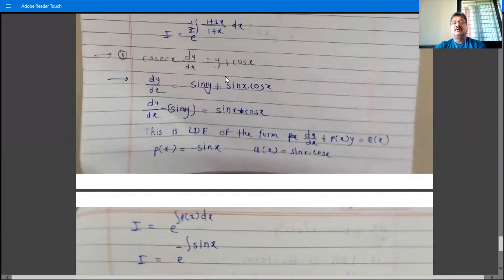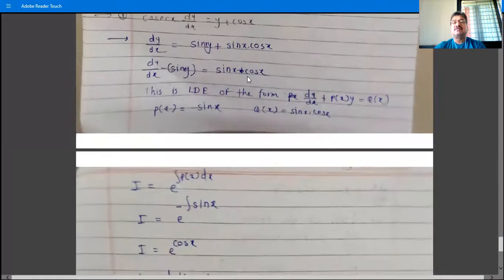Dividing by cosec square x means multiplying by sine square x, since 1 by cosec square x is sine square x. Then we have dy by dx minus sine x into y, shifting this quantity to the LHS, is equal to sine x cos x, as it is.